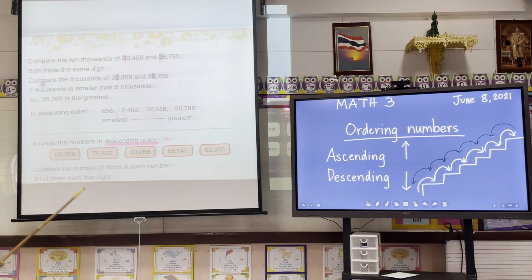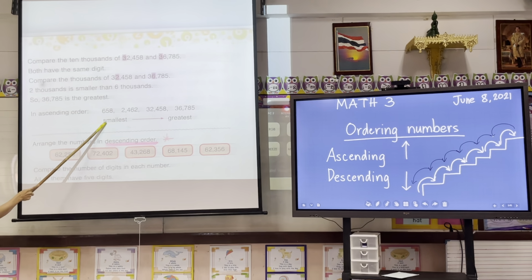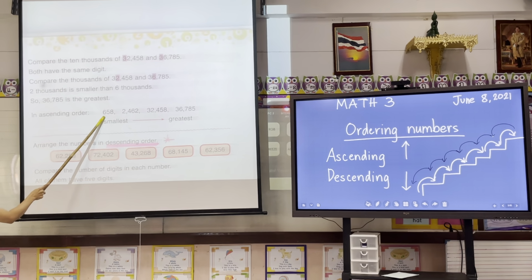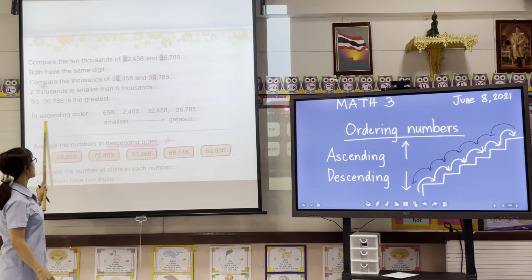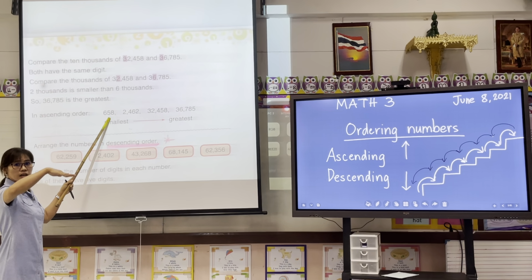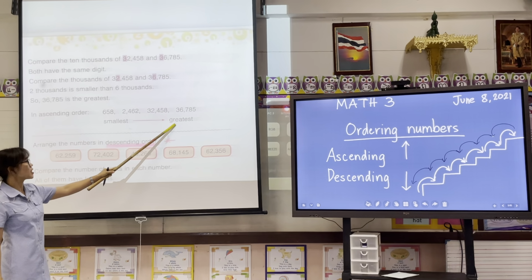Now, let's arrange. In ascending order, we start with the smallest, going to the greatest number. Which is the smallest again? 658. Remember, when we arrange in ascending, the numbers are getting bigger and bigger to the biggest or greatest number.